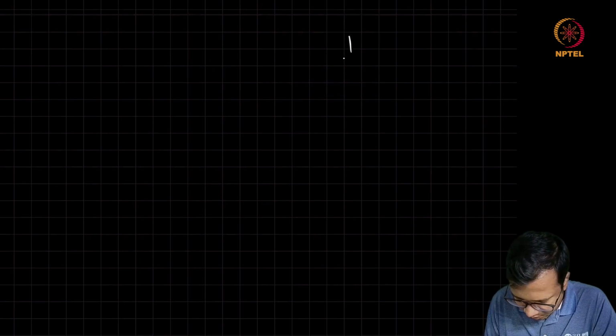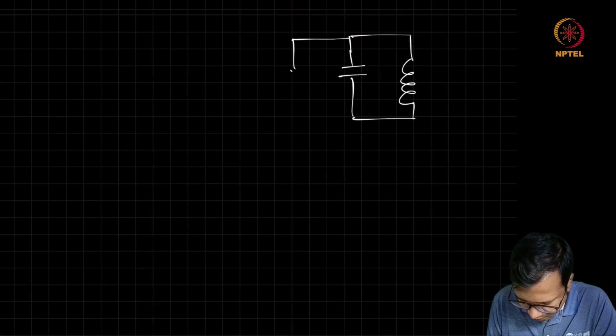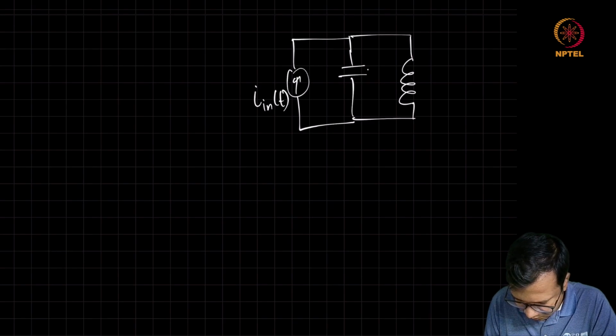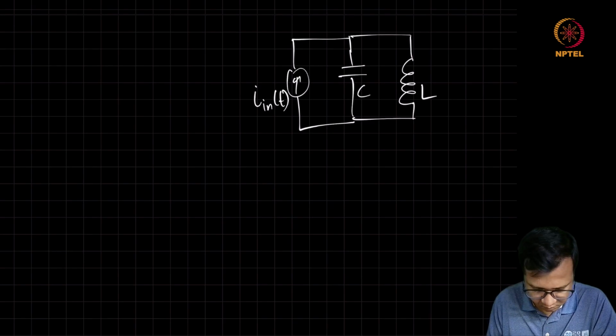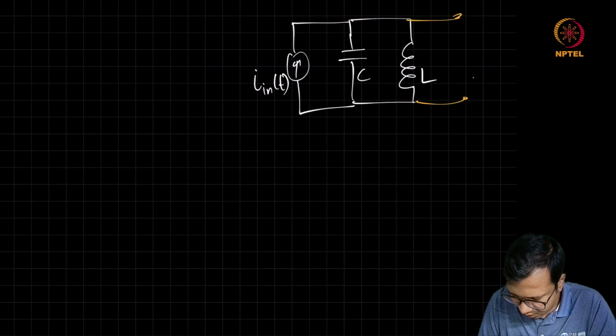So we can redraw the circuit with the source, and we can take this as the output.